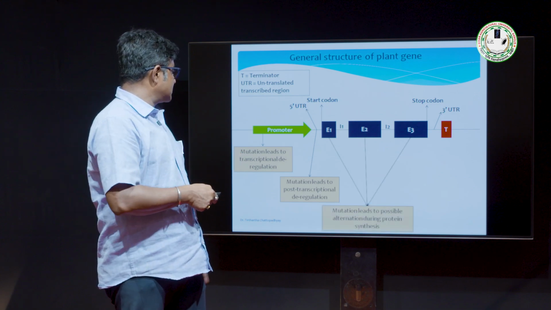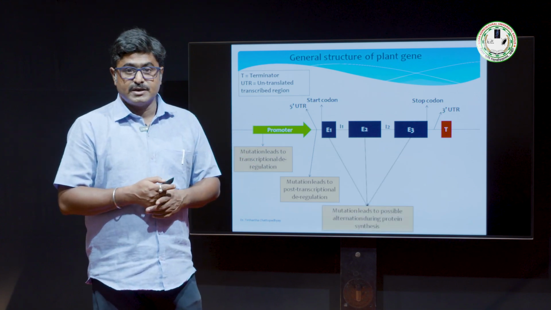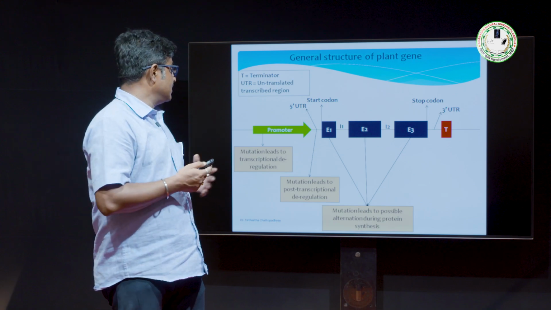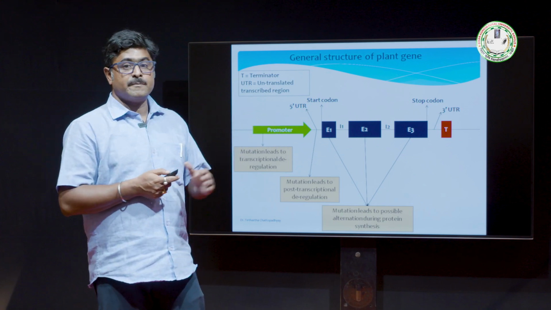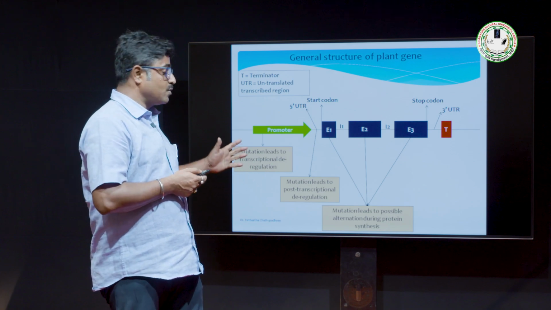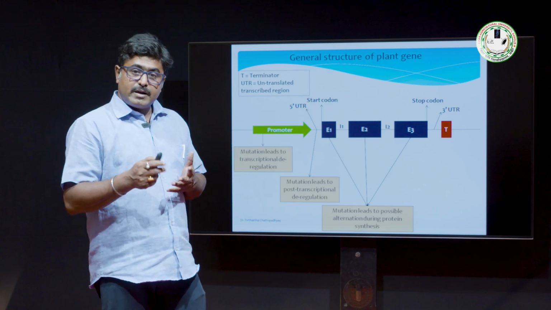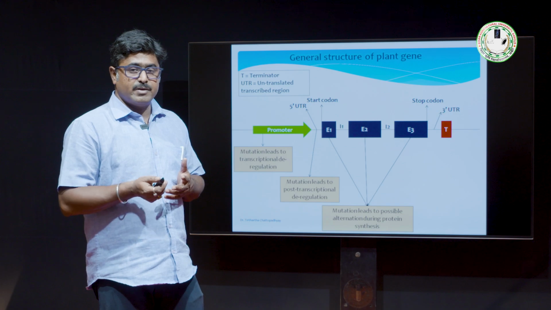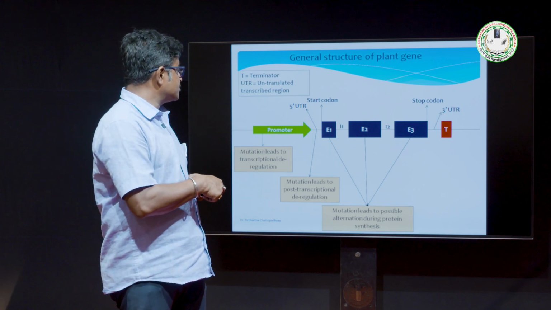If some mutation takes place in the exonic regions, then it is going to be very detrimental. You know that exons are the part which contains the codons, and if some changes take place here, then the codon will be changed, and the respective protein will have a change in the amino acid sequence also.